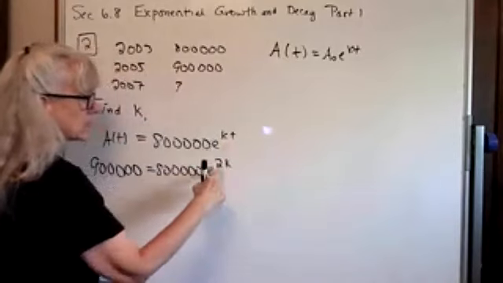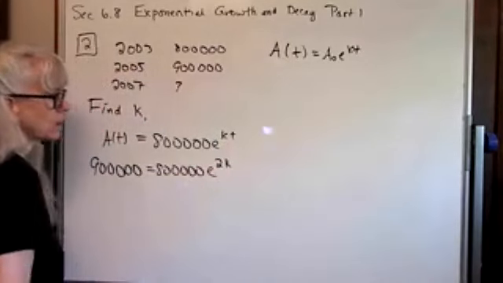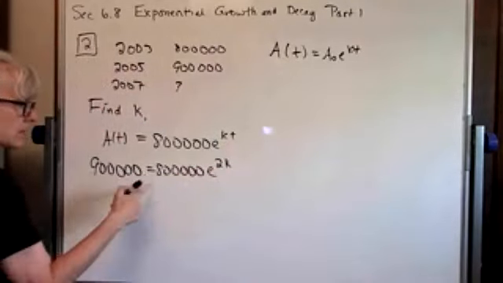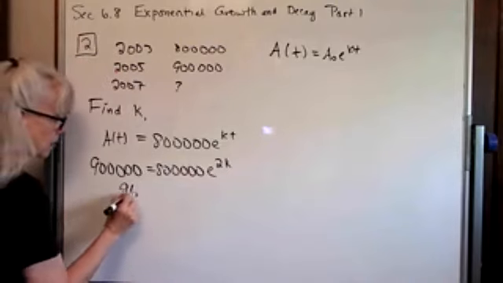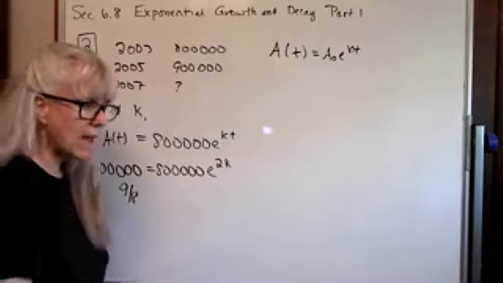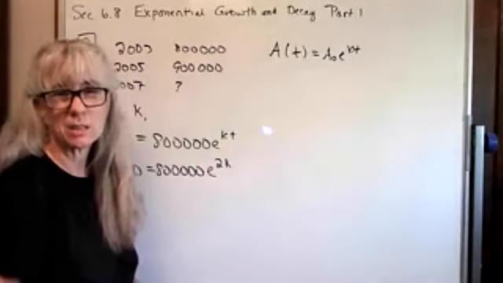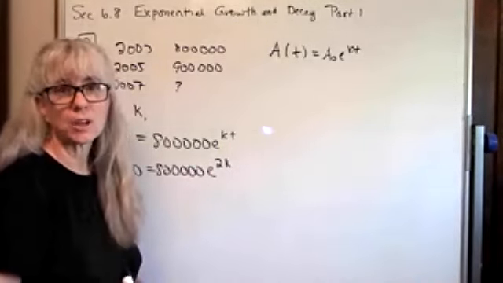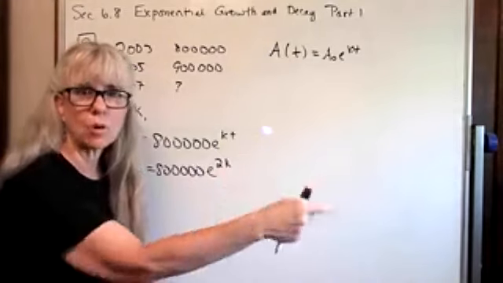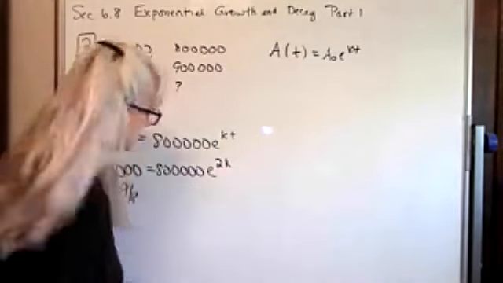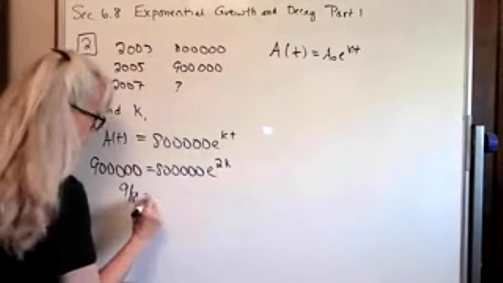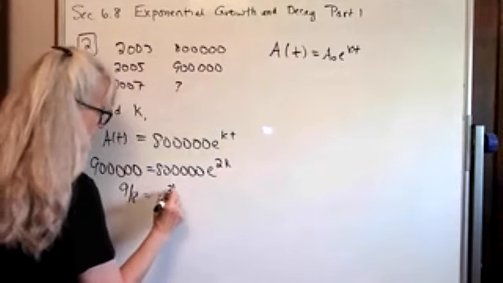We're replacing t with the 2 years, and now we can find k. The first thing we do is divide out the 800,000, which gives me 9 over 8. If that divides out to a nice decimal, go ahead and divide it at this point. But if it's not, keep it as a fraction because you don't want rounding errors. So I'm going to keep it as 9/8 is equal to e to the 2k.